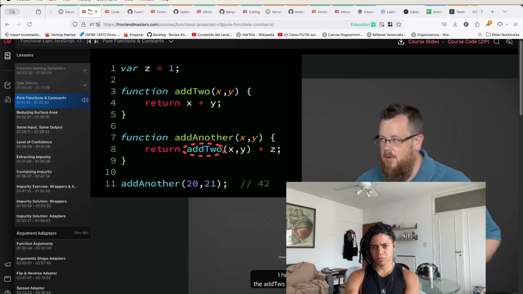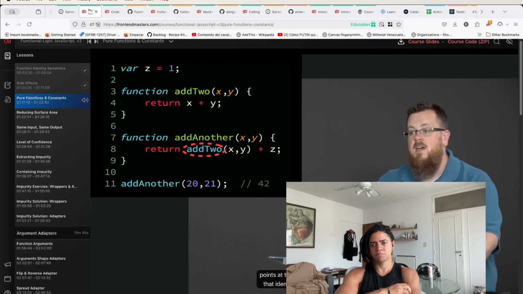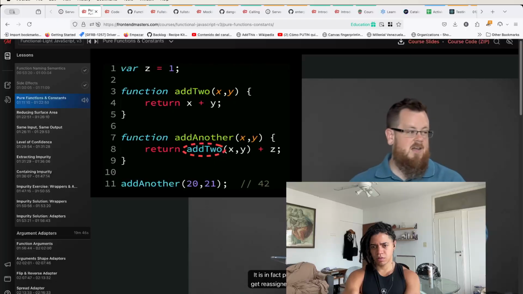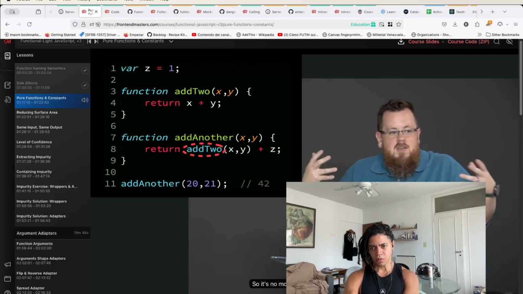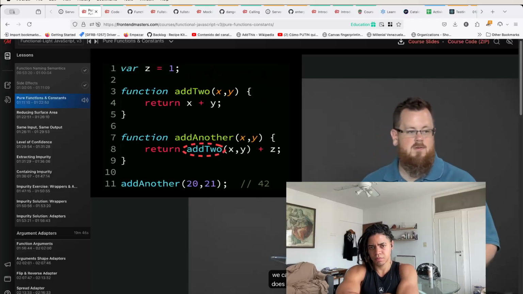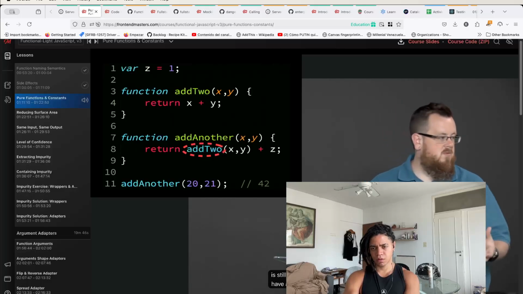The add2 variable, the identifier that points at that function from line 3, is not a constant. It is in fact possible that add2 could get reassigned somewhere to a different function definition. So it's no more a constant than is var Z, and yet we can still say that in this program, add2 does not get reassigned. The behavior of line 11 is still that we observably have a pure function.